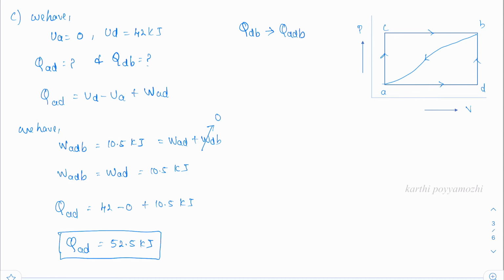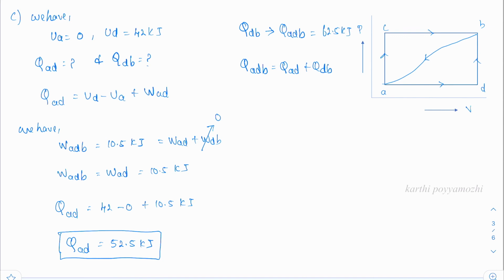That is, we have the value of heat along the path ADB to find the value of QDB, which is equal to 62.5 kilojoule. Q of ADB is equal to Q of AD plus Q of DB.